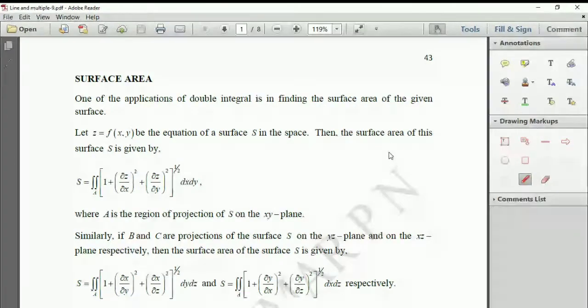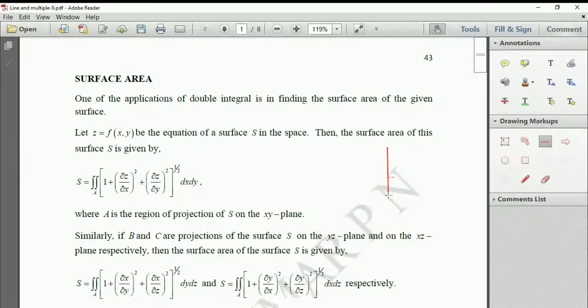Suppose you have the x-axis and y-axis as well as the z-axis. Let me redraw this.